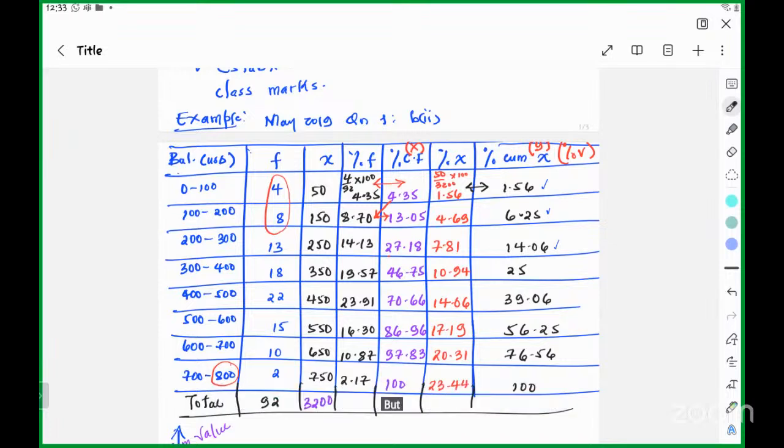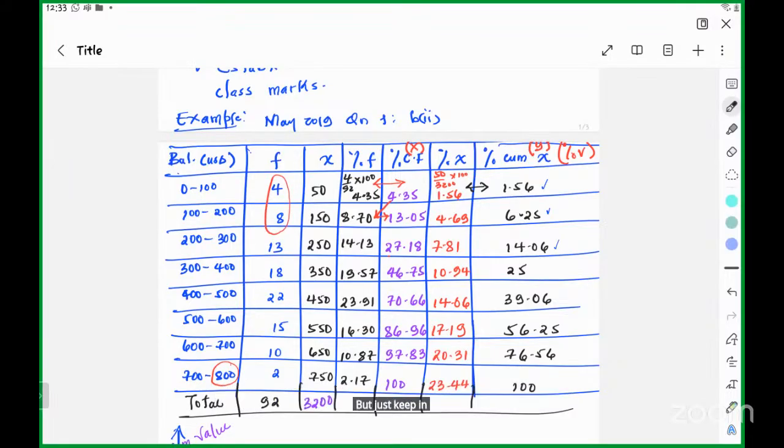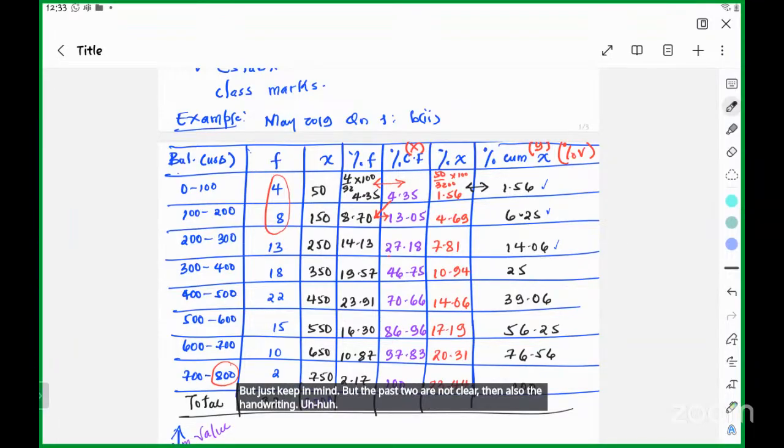But when someone gives the first 2 points and they are clean, the next 3 might be just marked, because the first 2 are clear. When he sees the key terms, he'll just give a mark. But if the first 2 are not clear, then also the handwriting. I've seen people's handwritings are good.